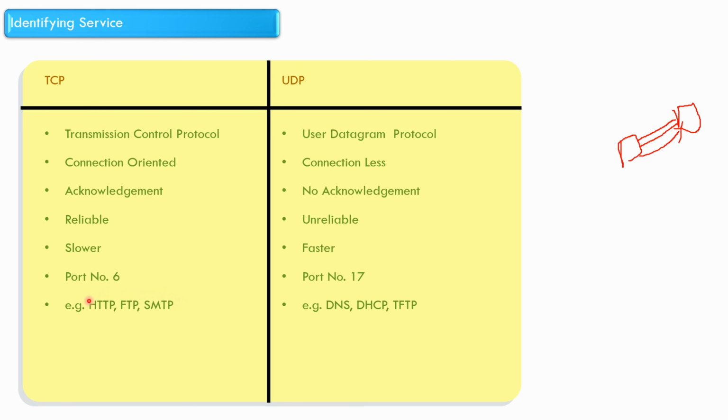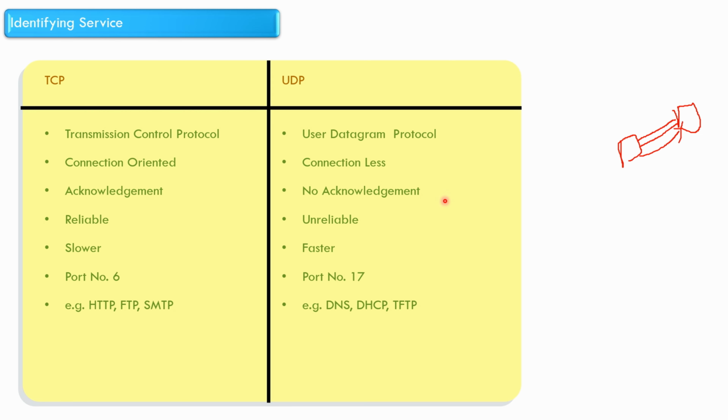Okay, User Datagram Protocol is a connectionless protocol, and it needs no acknowledgement to send the data. It just sends the data as a broadcast, whether the receiver receives the data or not. It doesn't check whether the receiver is receiving the data.